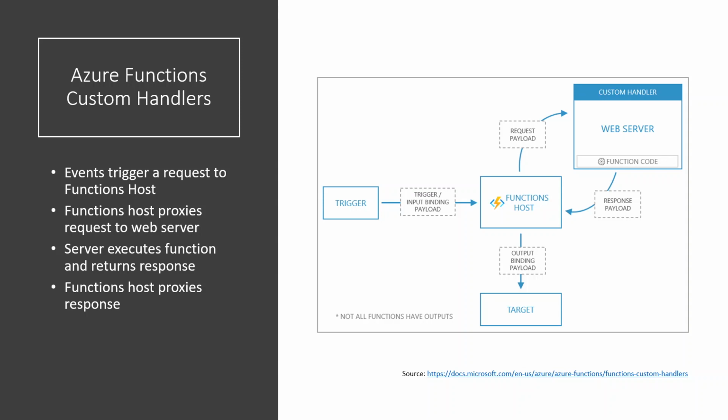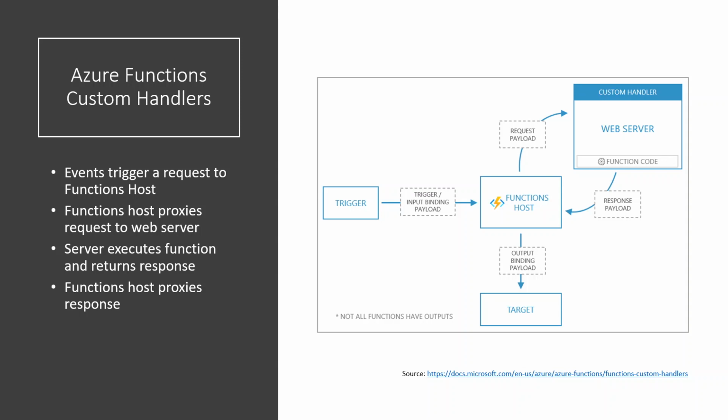Now, the web server is that piece of code that you have written in the language of your choice, containing the logic to execute whenever an Azure Functions endpoint is requested. So that proxy makes a request to your web server. Your web server then processes that request and returns a response back to the Azure Functions host.